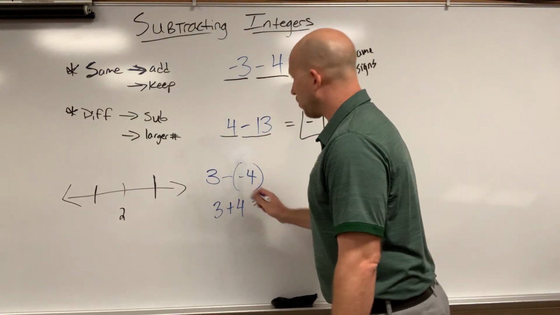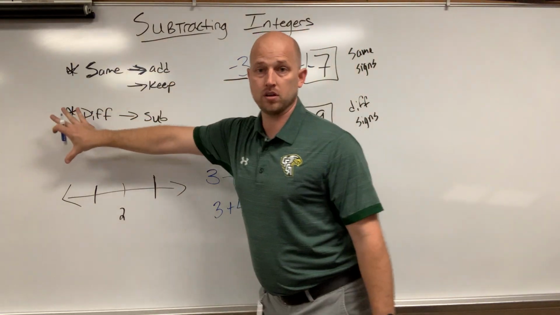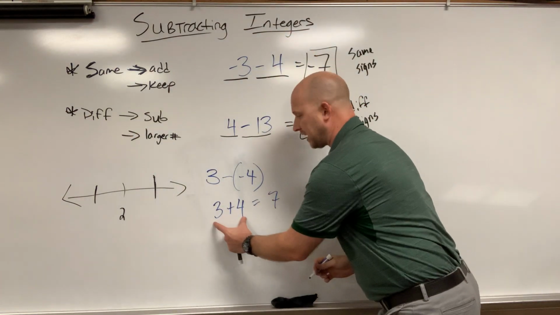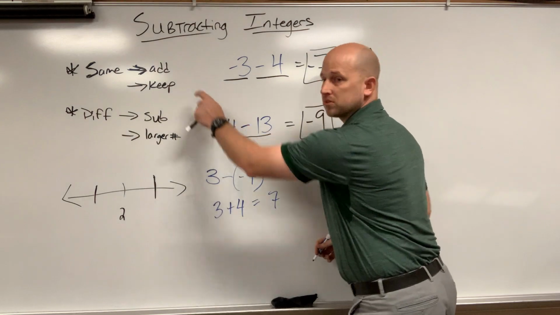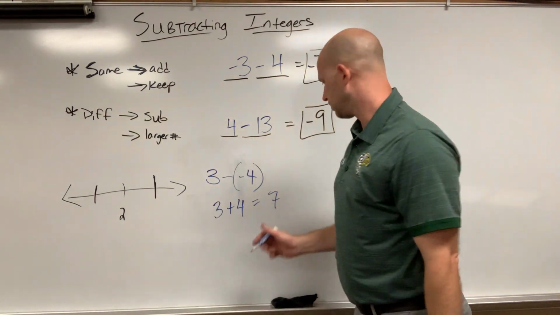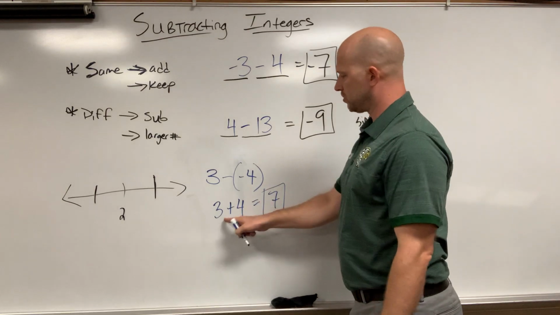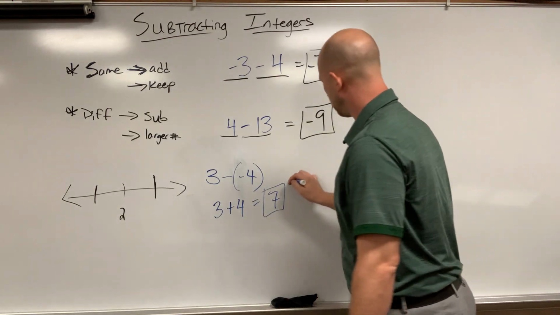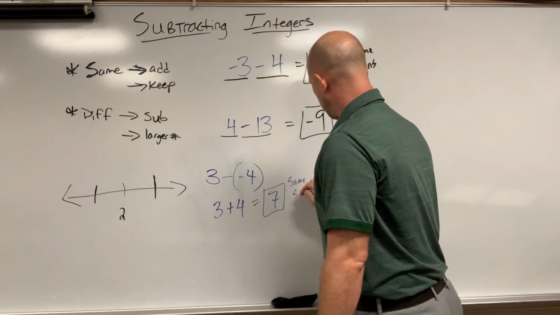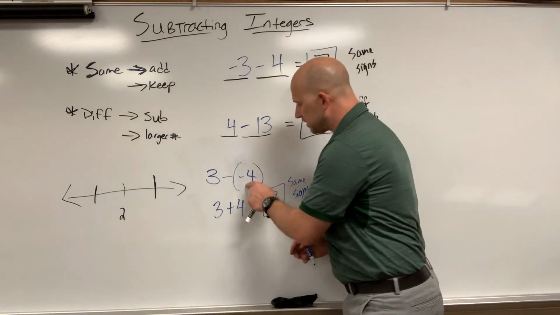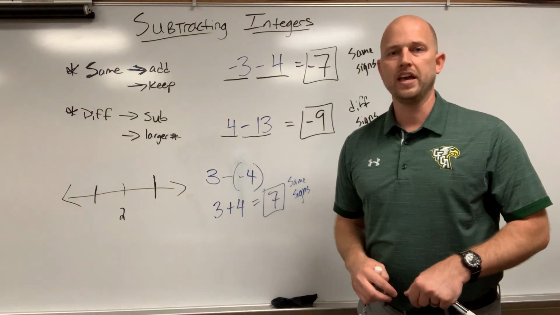Now our rules apply up here. Same signs add. You keep the sign. Well, the signs are positive, so you stay with a positive. And then on here, you can still do the same thing, same signs. If you do not see this and you treat it as, oh, well, that's a negative and that's a positive, yes, that's true.